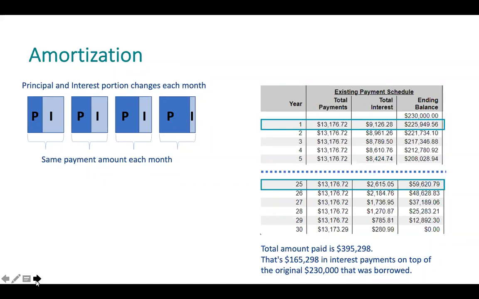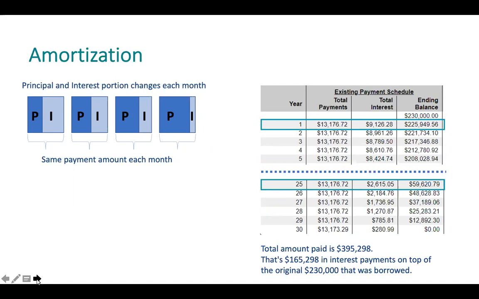If you continued that way for 30 years, you would never pay this loan off. You can see in the ending balance that it only changed by that $4,000. The borrower borrowed $230,000, made roughly $13,000 of payments, but their loan balance only decreased to $225,000.